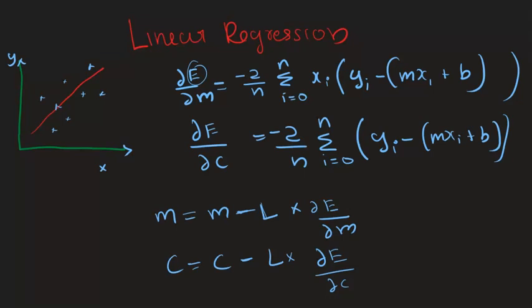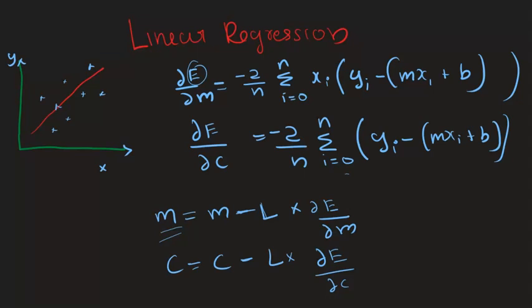We do that by finding the partial derivative of m and c, and finding the m and c with minimum error by subtracting the learning rate into the partial derivative of m. Similarly for the partial derivative of c.